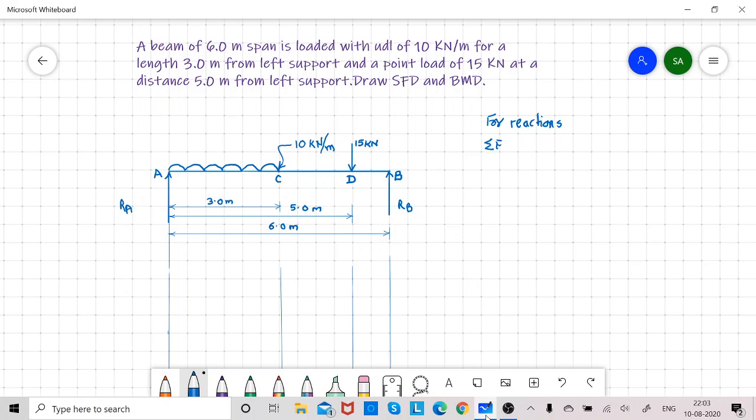Sigma Fx is equal to 0. This condition is already satisfied as there is no horizontal force. So this sum is 0. Then second condition, sigma Fy equal to 0. For that we will consider upward force positive, downward force negative.